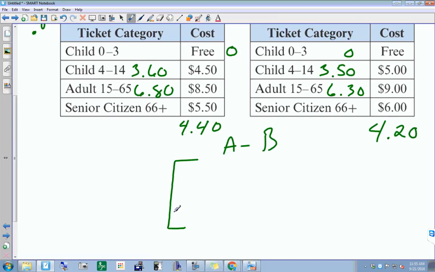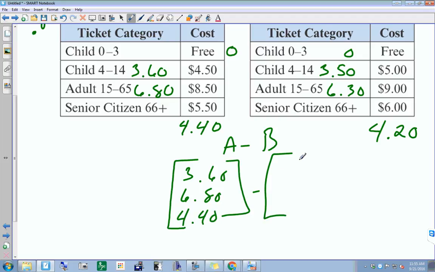Do I even have to put the kids down? No, I wouldn't really need that. 360, 680, and 440, minus matrix B, which is 350, 630, and 420.